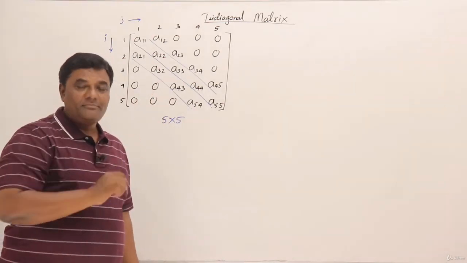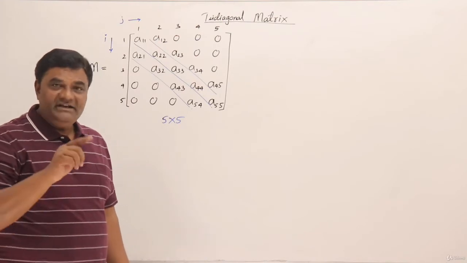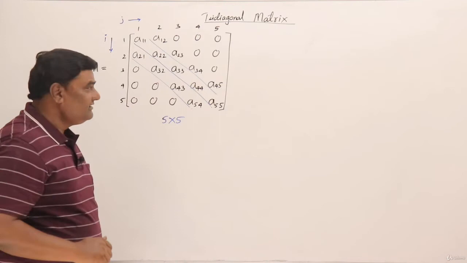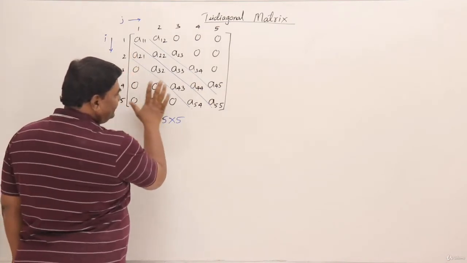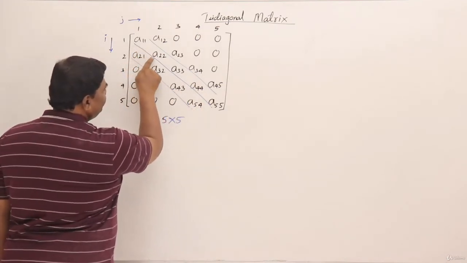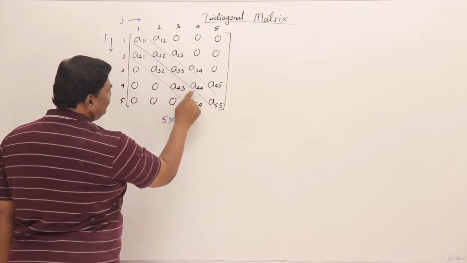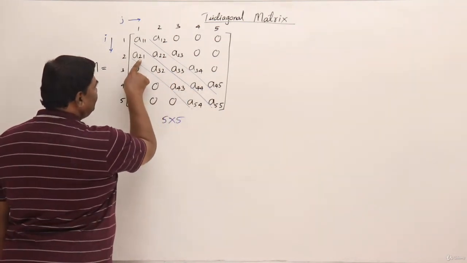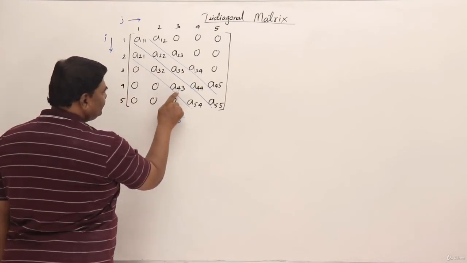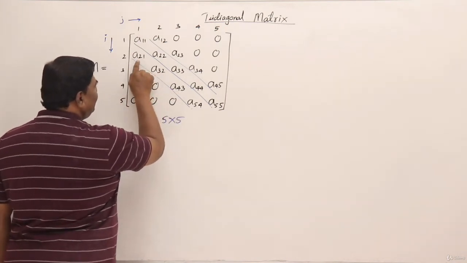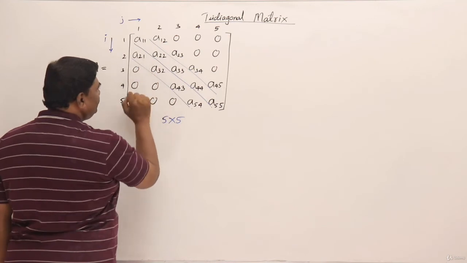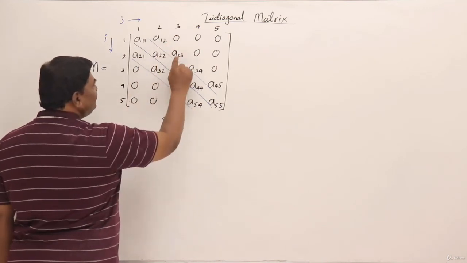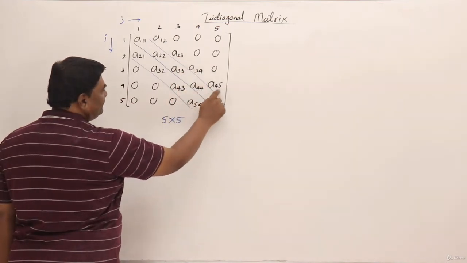So let us define the property of this matrix based on indices, row number and column number, that is i and j. If you observe the indices of the elements, the elements in the diagonal have i equal to j. And the elements in the lower diagonal, 2, 1, 3, 2: if I subtract i and j, i minus j gives me 1, 1, and 1. For the upper diagonal, i minus j gives me minus 1, minus 1.